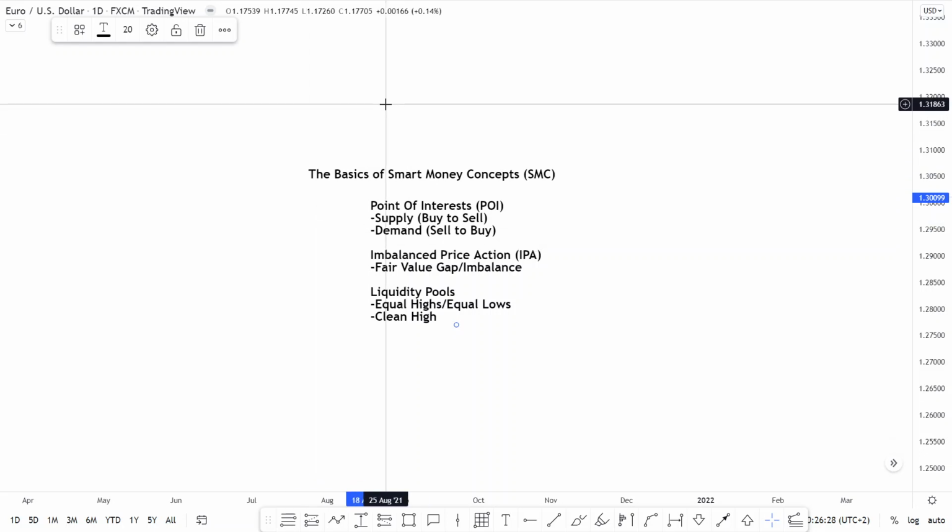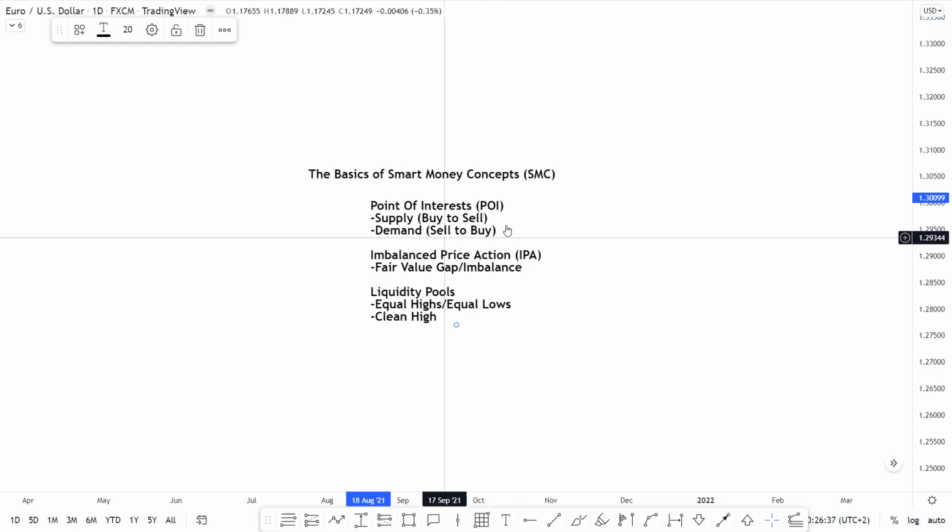So, let's start. The first thing that we are going to cover is the POIs, and I'm going to mention what each of these topics about the basics of smart money concepts will help you with when you're trading, right? POIs are commonly referred to as points of interest.